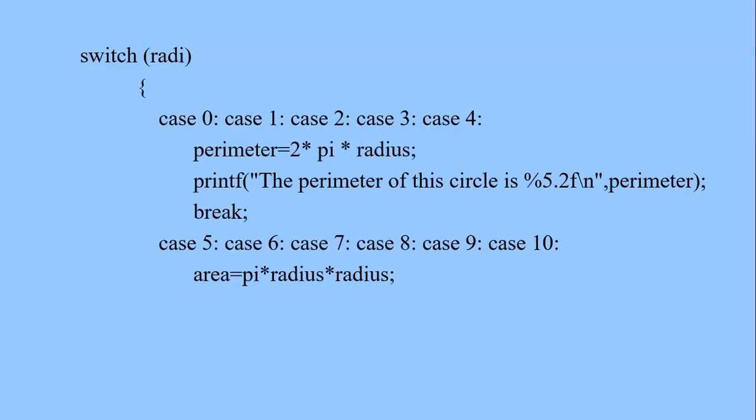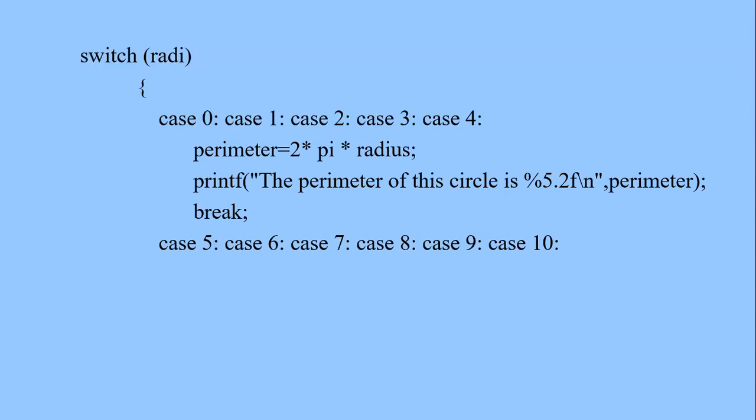That means the compiler or processor will skip case 0, 1, 2, 3, 4, because radii contains 8. So it will move on to the section where 8 is catered for.